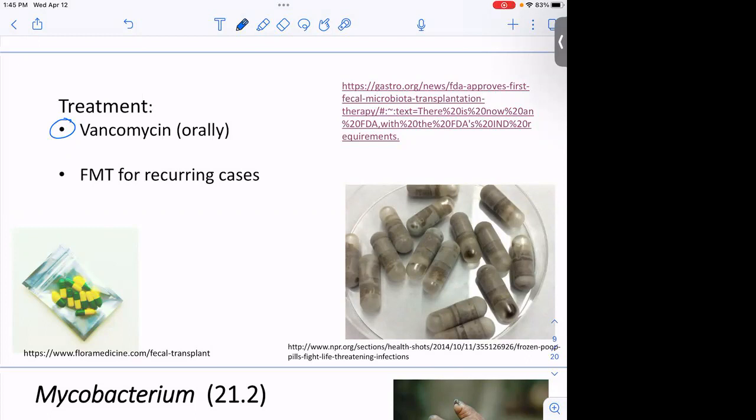So this other treatment that some of you may have heard of goes by the name FMT, and that stands for fecal microbiota treatment, for cases where antibiotics don't work. And so that is what it sounds like.